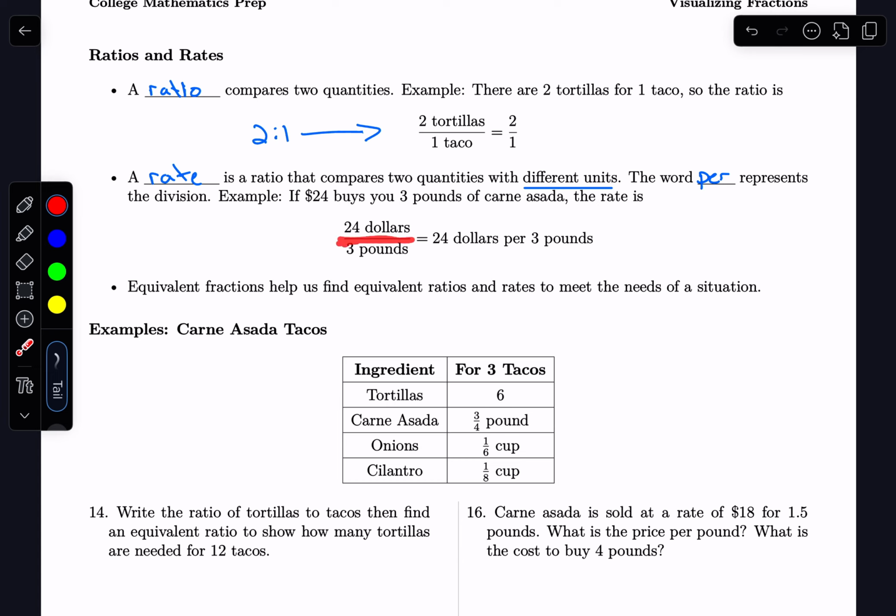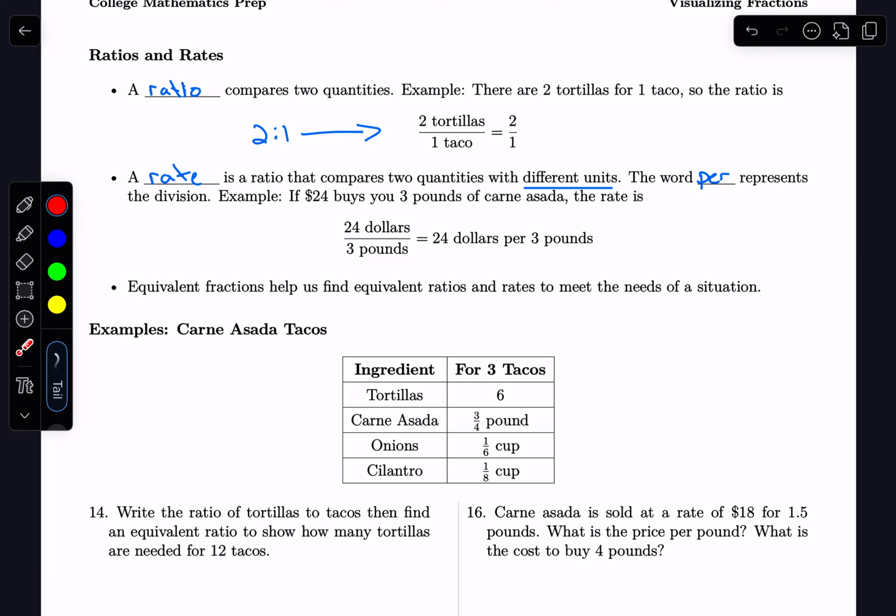So this division right here is this word per. We can either say a fraction, $24 over 3 pounds, or we can write it in words, $24 per 3 pounds. So if you want to buy 3 pounds of carne asada, it's going to cost you $24.